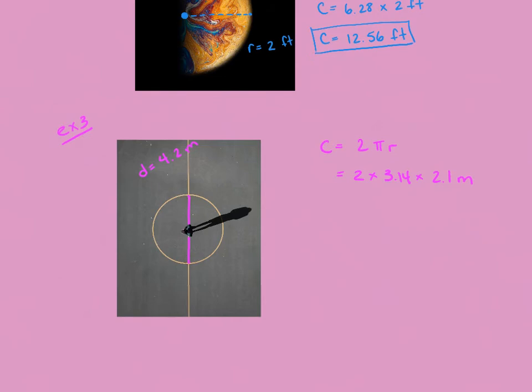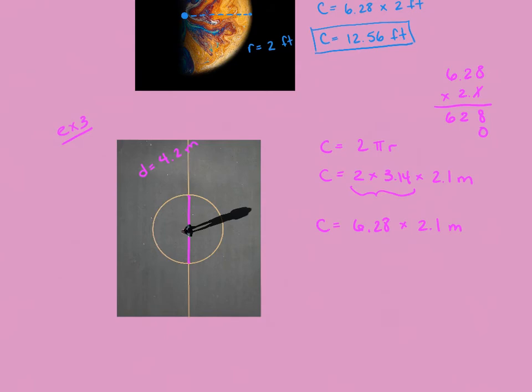Now the first thing you're going to do is multiply 2 times 3.14, and you should have that memorized already. It's 6.28. Multiply that times 2.1 meters. Let's do the math for this. 6.28 times 2.1. Start with the 1. 1 times 8, 8, 2, 6. Done.